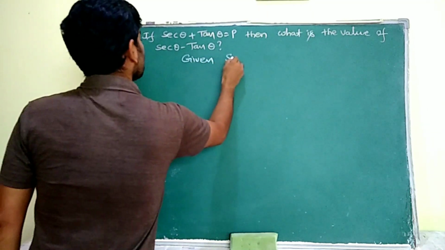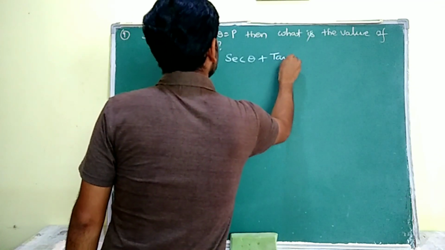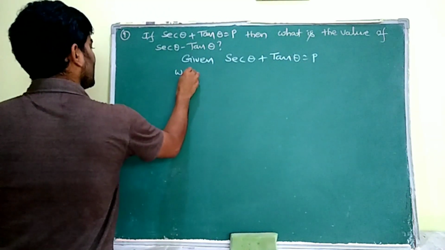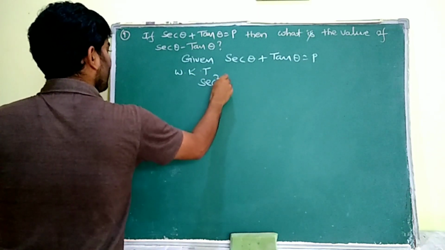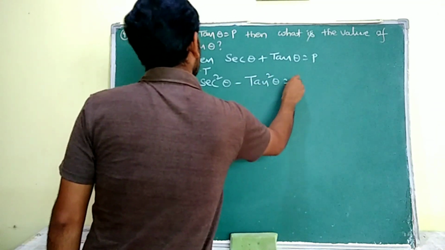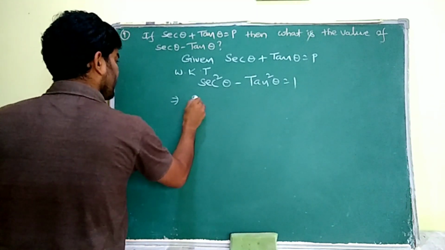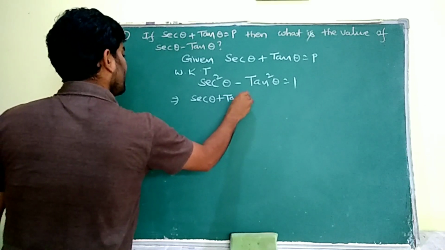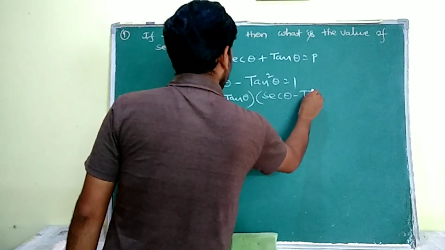Given secant theta plus tan theta is equal to P. In terms of secant and tan, we have one identity: secant square theta minus tan square theta is equal to 1. It is like a square minus b square. So can I write this as secant theta plus tan theta into secant theta minus tan theta?